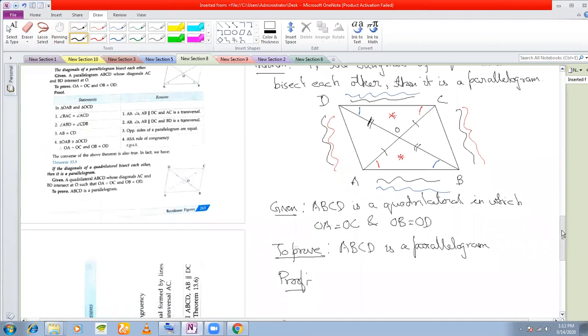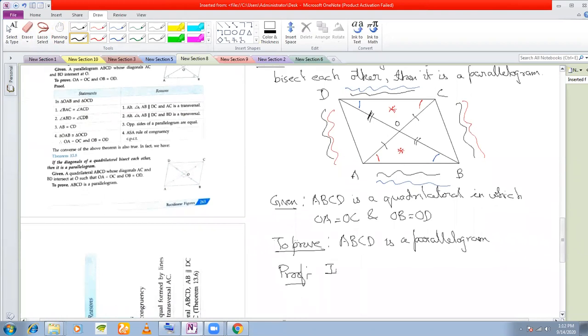So I have 3 minutes left. Let's see if I can complete the proof. In triangle OAB and triangle OCD, but what is the axiom that we are using here? Can you tell me from the figure? First of all, we say that OA is equal to OC, given.